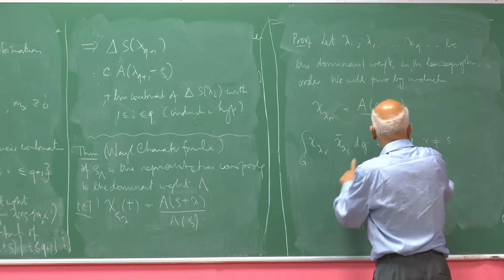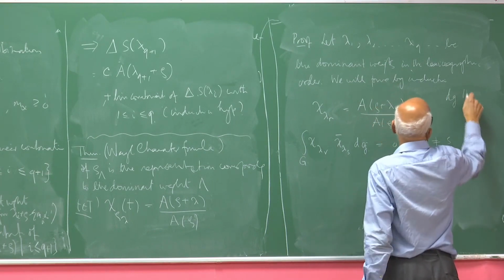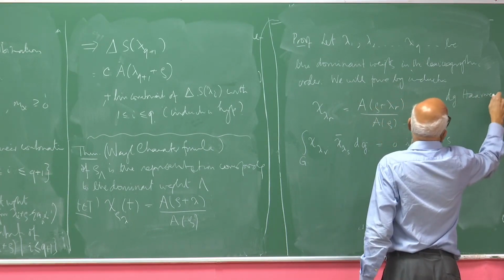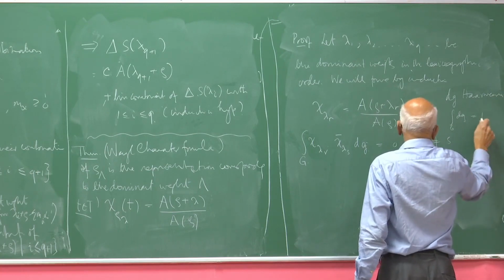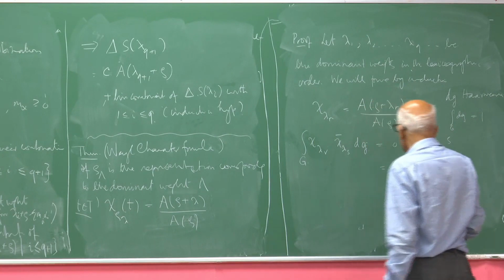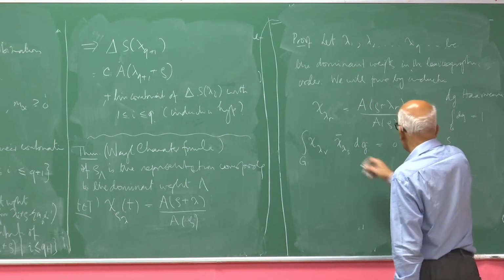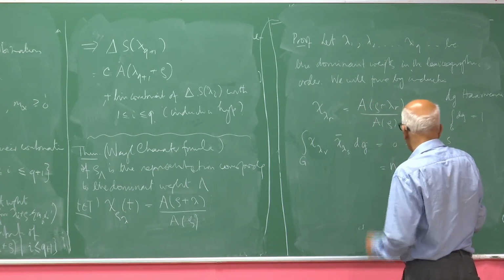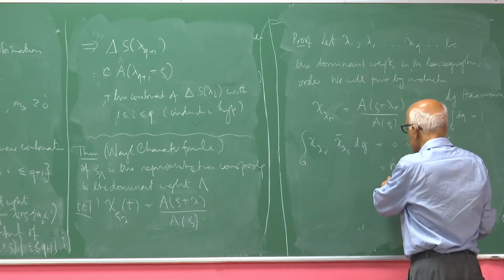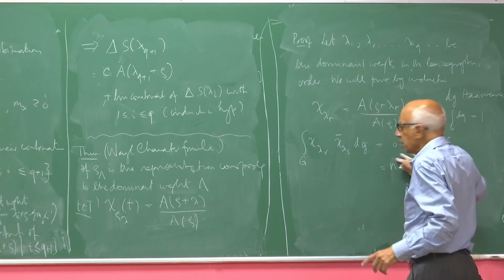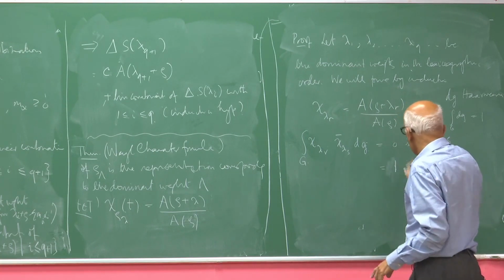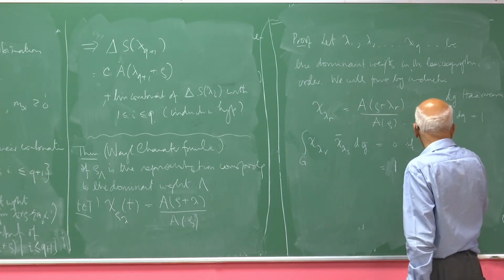Here dg is Haar measure, and we assume that the integral of dg over G is 1.